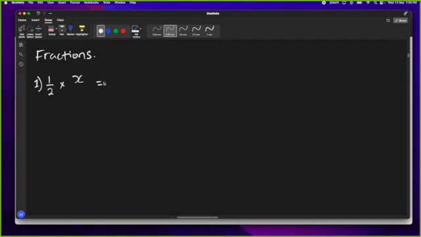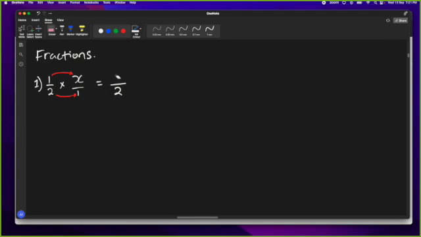X on 2. Right, so when we are multiplying fractions, just for anybody who doesn't remember, the rule for multiplying fractions is you just multiply your numerators and you just multiply your denominators. So x times 1 is x, and 2 times 1 is 2, right?